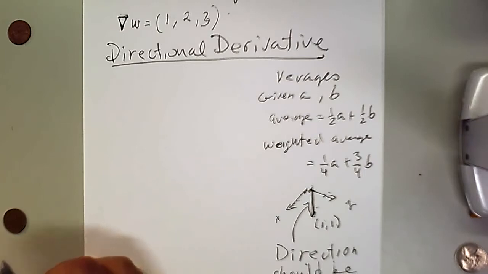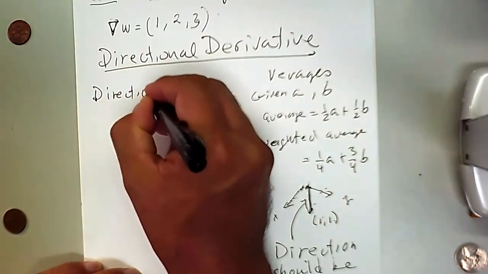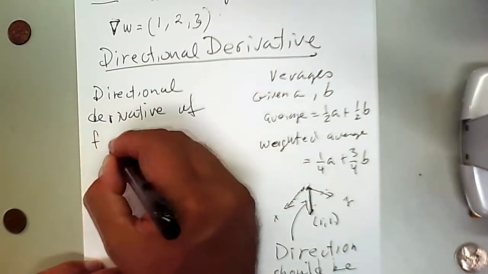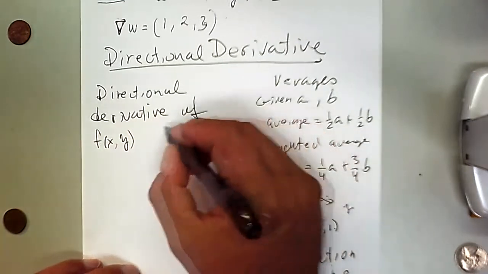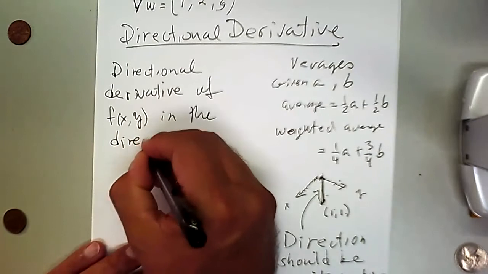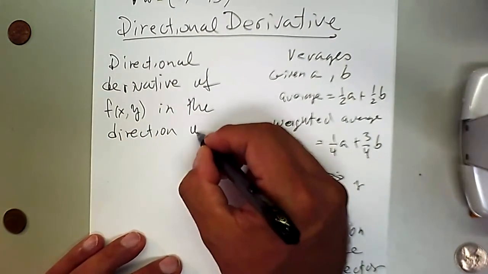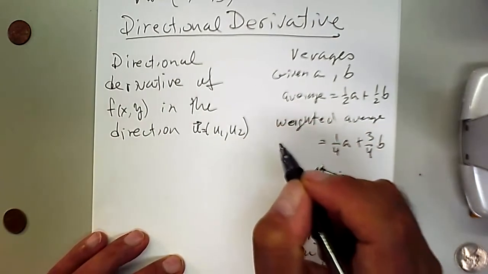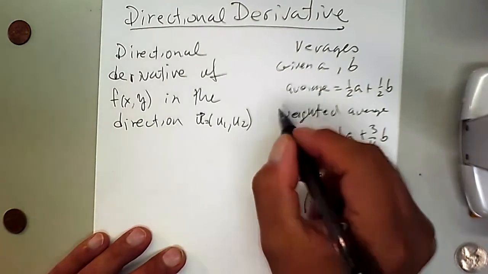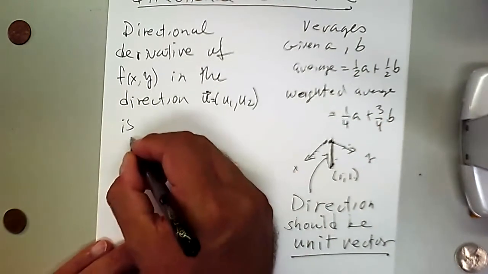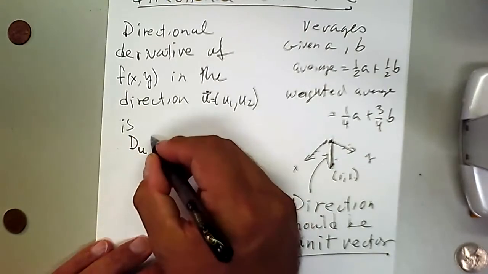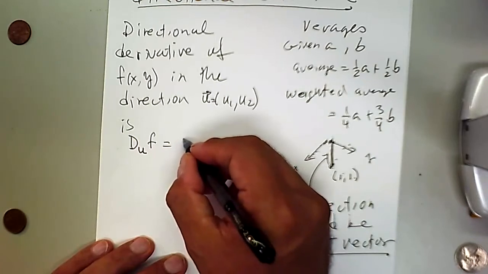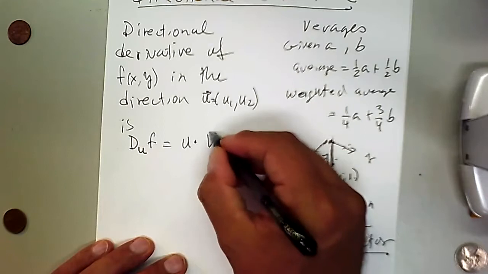The directional derivative of z equals f of x, y, and the direction u, so this is a vector which is going to be equal to u1 comma u2, is, so the notation we use is derivative in the direction u of f, and that will be u dotted with the gradient of f.